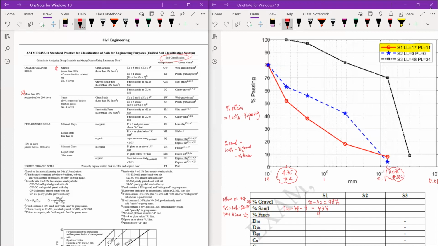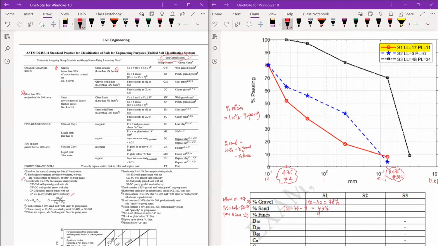If you read sub note C right here, since we are between 5 and 12% fines, we need to have dual symbols.